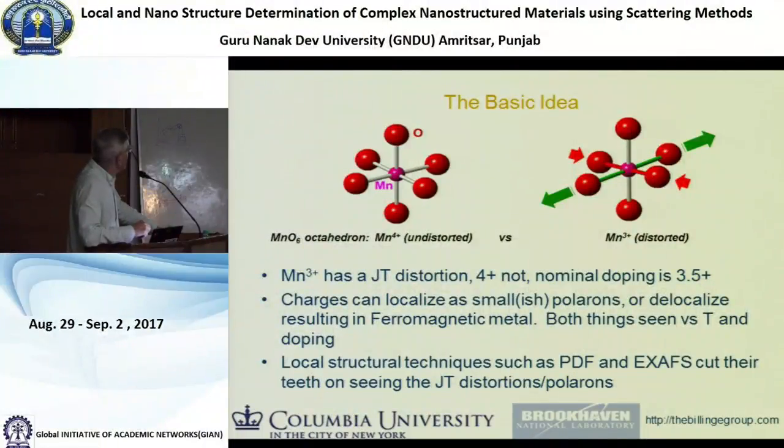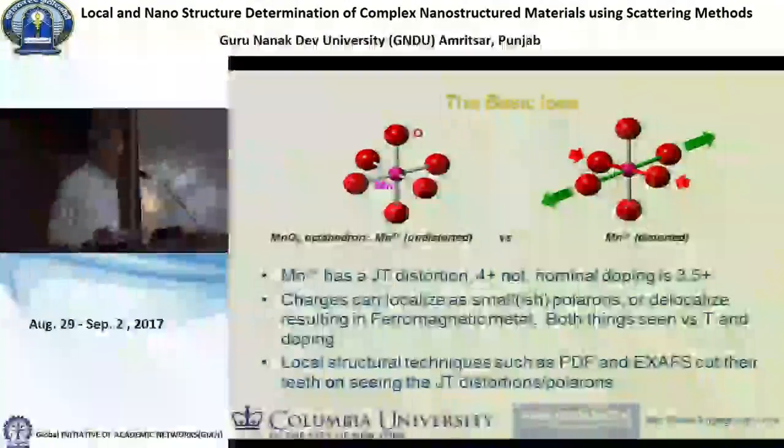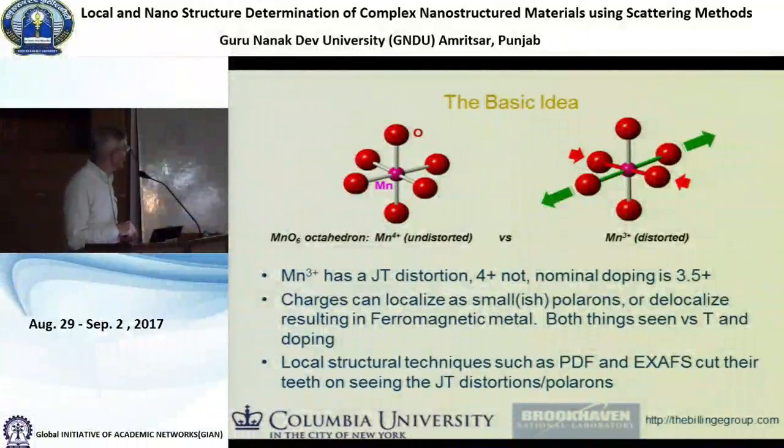Now, there's a total number of electrons that I can share between the manganese, but I don't have enough for all of them. So what I do is I make some of the manganeses 3 plus, and when I run out of electrons, the remaining manganeses are going to be 4 plus.